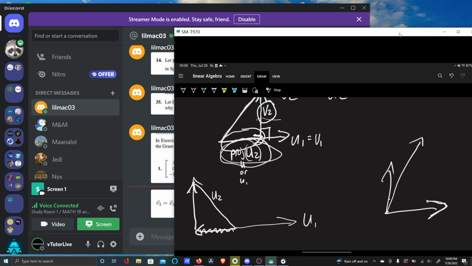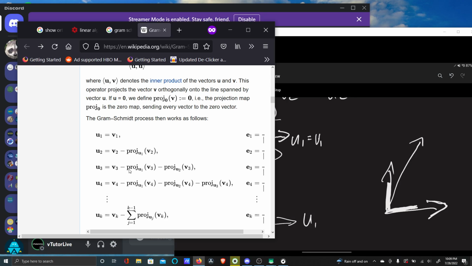In this case, you're basically trying to figure out how much projection it has onto this vector and subtracting that out, and also how much it has projected onto this vector and subtracting that out as well. And that's exactly what you get from here, right? For V3, your third vector, it's subtracting out the projection onto one of them and subtracting out the projection onto the other, so that all you're left with is the orthogonal component at the end of the day. Hopefully that makes sense.